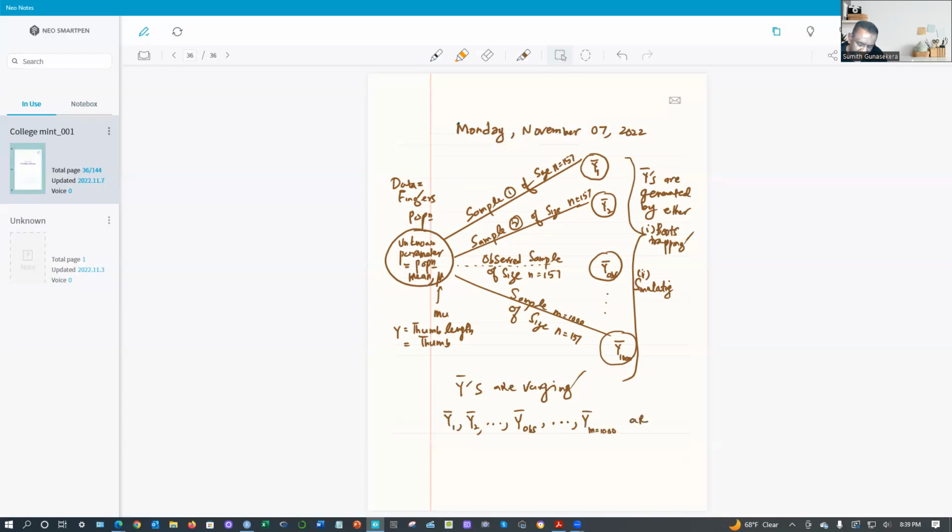They are varying, and they can be graphically displayed in a histogram.